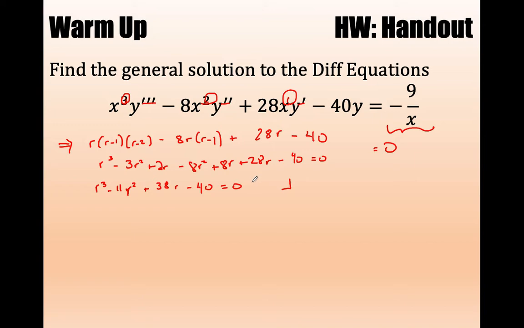So maybe I'll try 2. 8, 4 minus 11. 2 is going to work. Right, so 2 is a 0, so I'm going to do synthetic division to get the others.